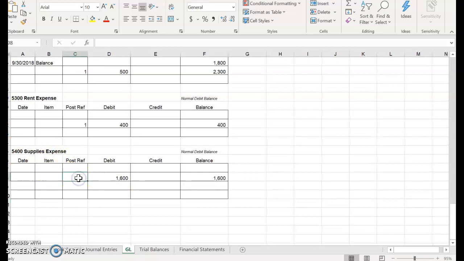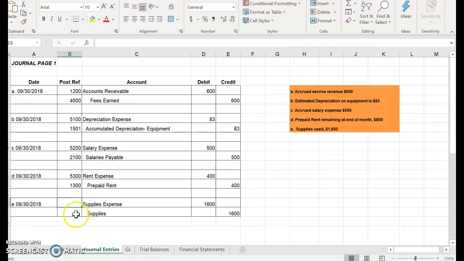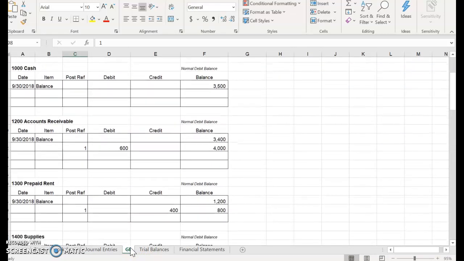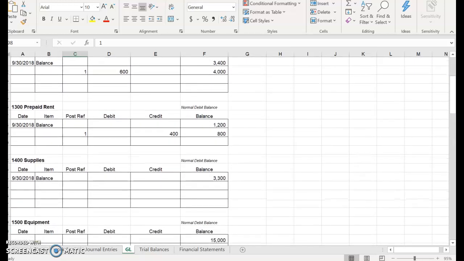This came from journal entry page 1, and it's going to account number 5400. Okay, and then credit supplies for $1,600. So the new balance would be $1,700, and this came from journal entry page 1, and it's account number 1400.